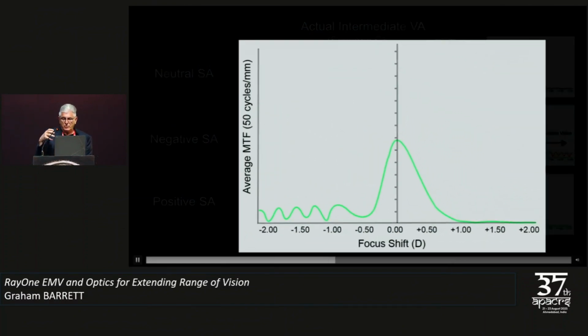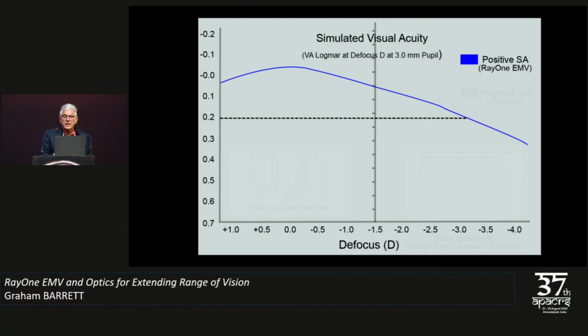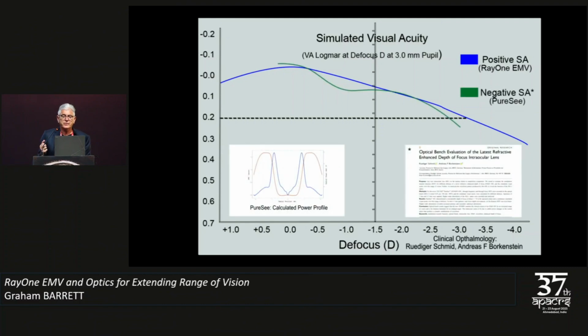This is looking at the area under the curve, and you see the simulated visual acuity for Array 1 EMV at 0.2 logMAR, that's 6/9, there's really a good extended depth of focus, right up to minus 2.5 diopters. You can compare that to another so-called extended depth of focus lens, like the Pure C, which doesn't have a continuous curve.